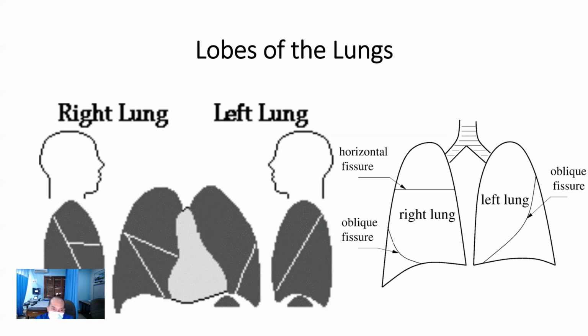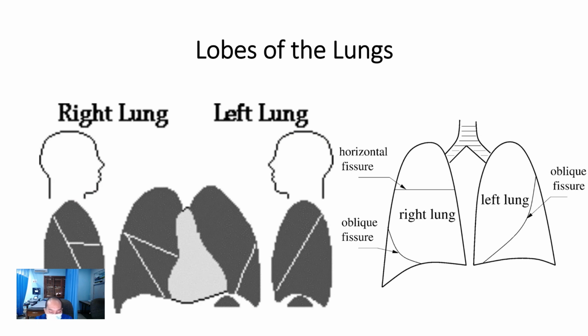So here we have the right and left lung schema. We remember there are three lobes in the right lung, where the middle one overlaps the right heart margin, and on the left side there are only two lobes.